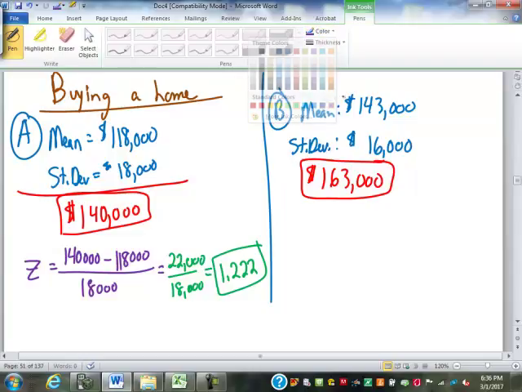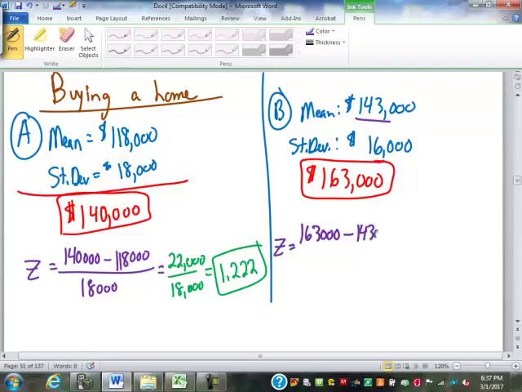Over here on the other side, our $163,000 home, the z-score will be 163,000 minus the mean, which is 143, divided by that standard deviation of 16,000. So we subtract: 163 minus 143. That house is only $20,000 more than the mean.